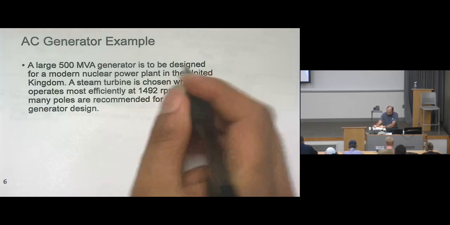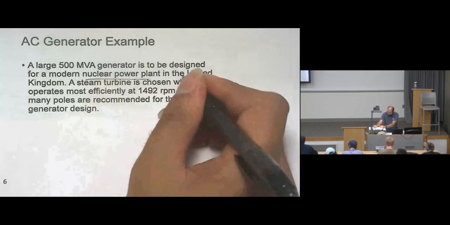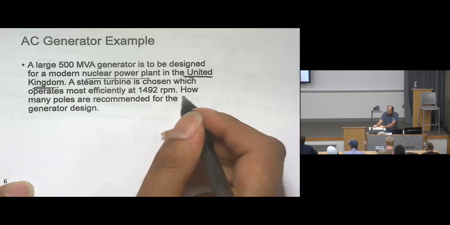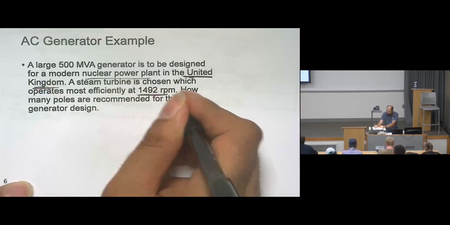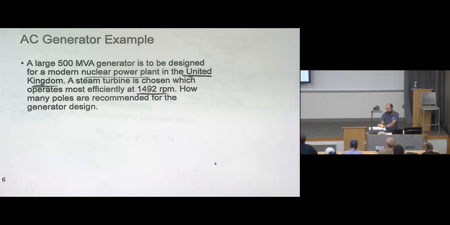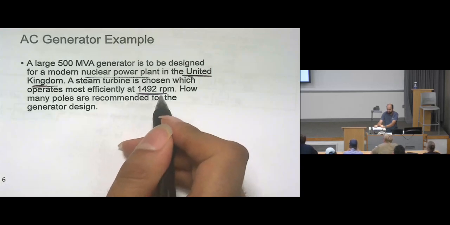It is to be designed for a modern nuclear power plant in the United Kingdom. A steam turbine is chosen, which operates at most efficiently at 1492 RPM. How many poles are recommended for that generator to design? The speed that we found the most efficient is 1492 RPM.